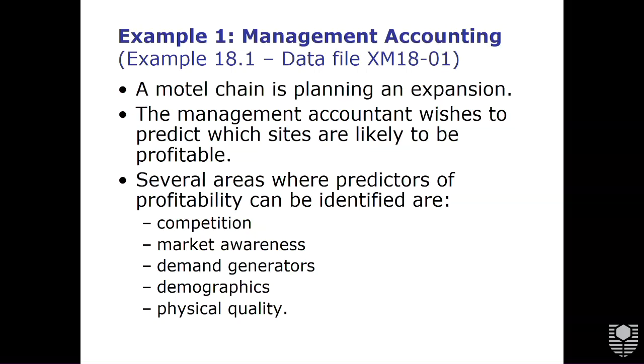So there are some competitions and some market awareness, demand generators like the number of students and employees in the university nearest to the motel, like demographics, for example, the distance between the motel and the city center, for example, physical quality, that means they have some space inside.